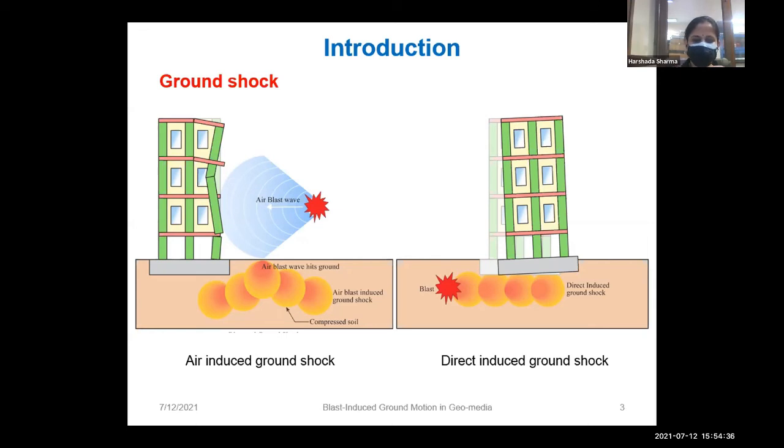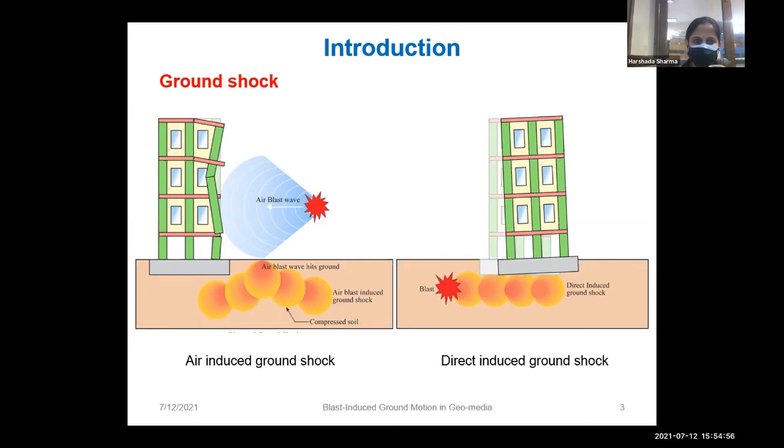The high pressure and impulse carried by these waves induce the ground shock, and this ground shock causes the particles to vibrate in the medium in which they travel. These particle motions lead to ground vibration, which is generally termed as blast induced ground vibrations.